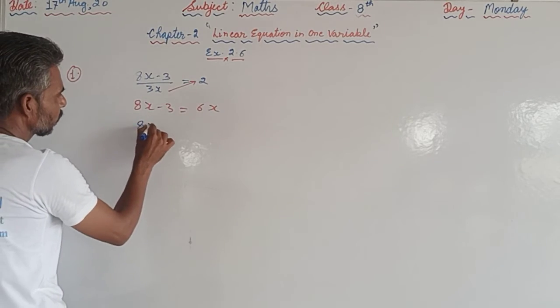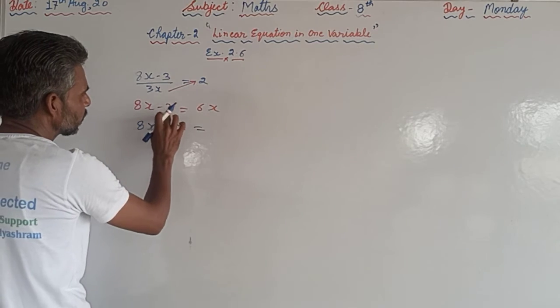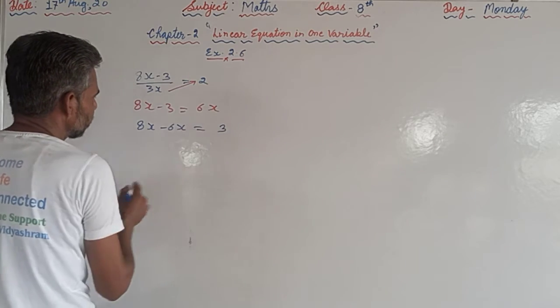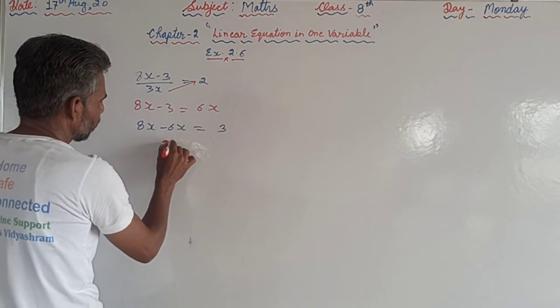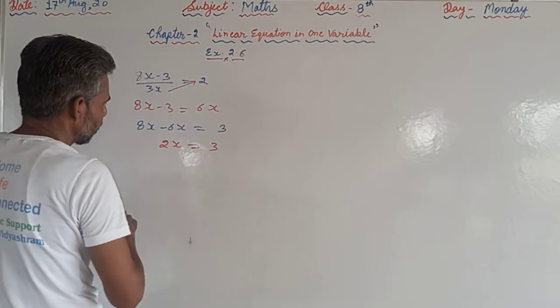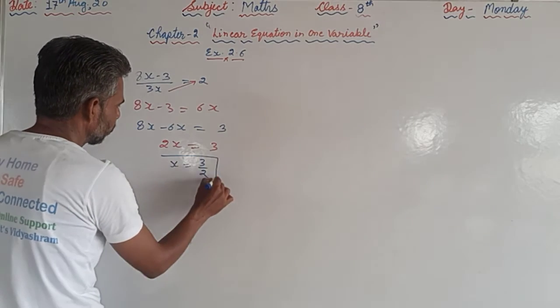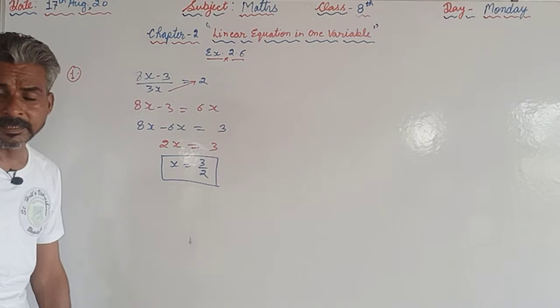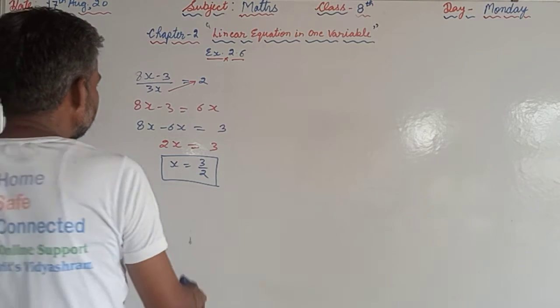So 8x minus 6x, and minus 3 will become plus 3. 8x minus 6x, that is 2x is equals to 3, and here comes x is equals to 3 by 2. So this is the easy method to solve the equations to calculate the value of the variable given in that equation.